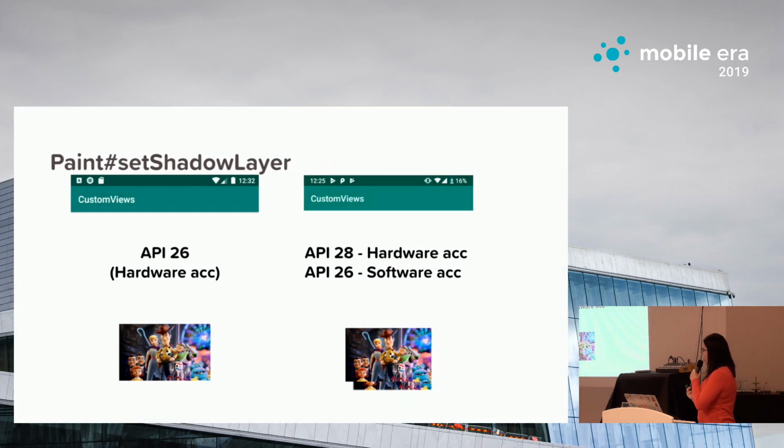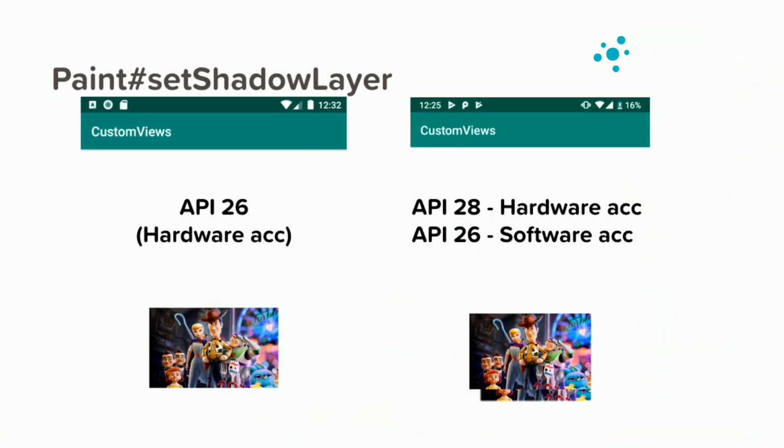So this is an example of using set shadow layer on a paint object. On API 26 with hardware acceleration on, we set shadow layer on this paint, but you can see the Toy Story image has no shadow, okay? And then the other example is on API 28, with hardware acceleration turned on. You can see that there is a shadow, but in my opinion, it's not really what I expect from a shadow.